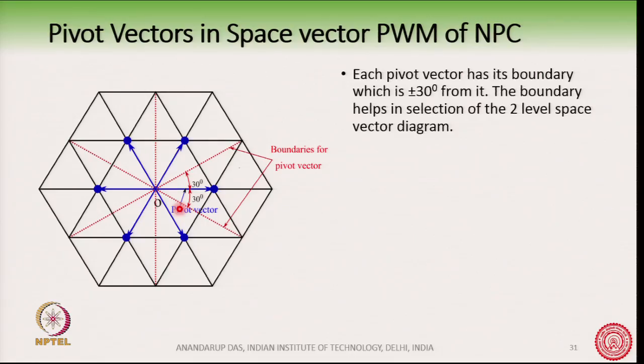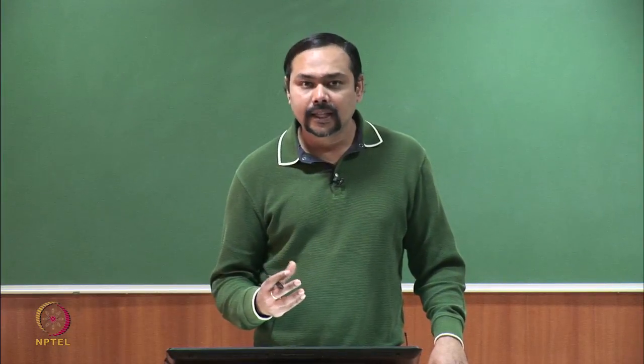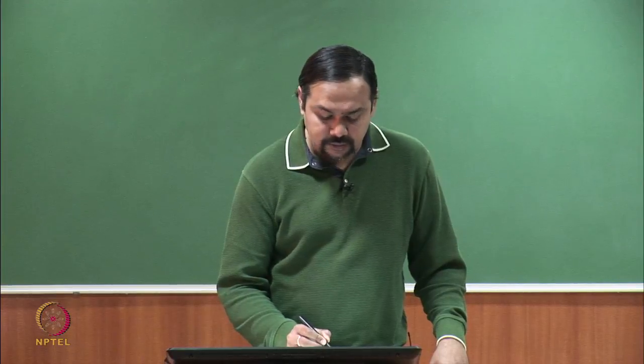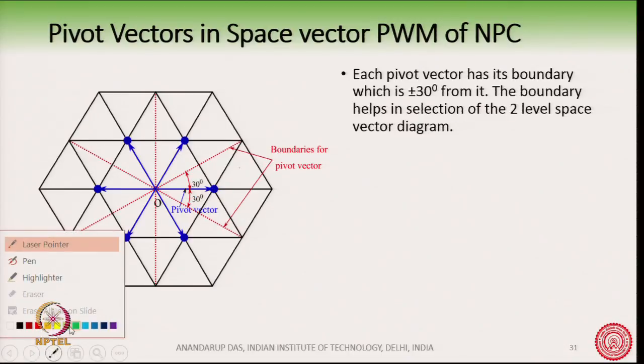So then of course, one question that comes is where do you find that we will have to go from this pivot vector to this pivot vector, or from this to this. This is shown by the boundaries here. When the reference vector is here, let me take an example.